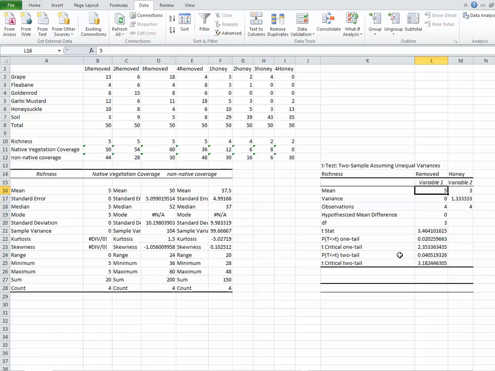One way of thinking about the p-value is: what's the probability that these two samples are really from the same population? What's the probability that the honeysuckle removed side is really just the same as the honeysuckle dominant side? And it's saying that it's 0.04. That's 4%. That's a pretty low probability.